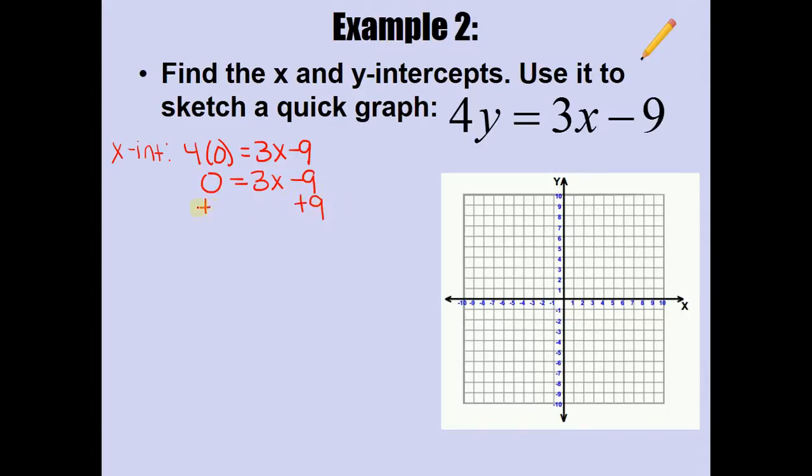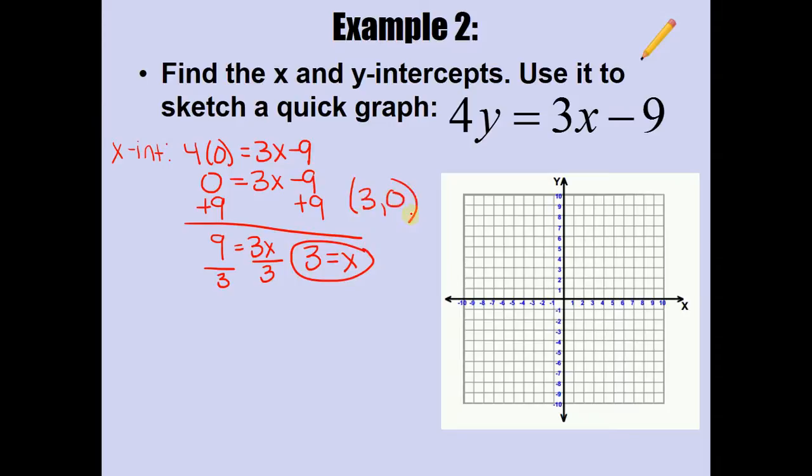Need to solve for x. So let's add 9. Divide by 3. So I get 3 equals x, right? So my x-intercept is the point 3, 0. Let's find our y-intercept now.